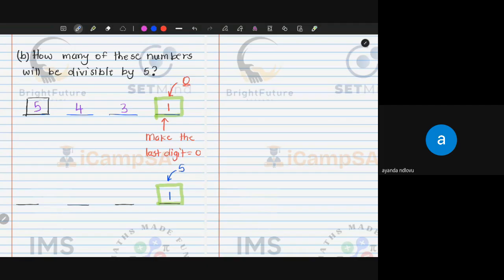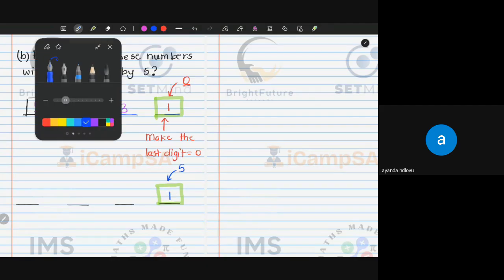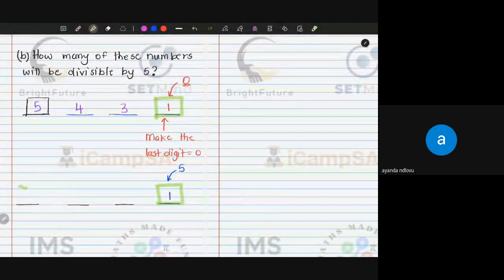Right. But now that we have forced that number to be 5, making this one option, how many numbers do I choose the first digit from? Think about it carefully, guys. The first digit, because 0 is not supposed to be starting there, I am only going to choose from 4 numbers.